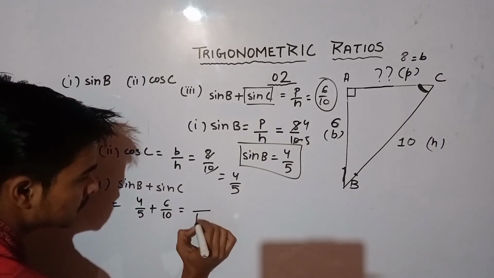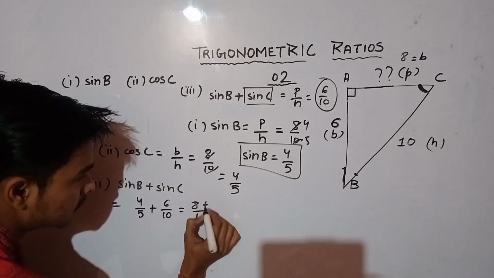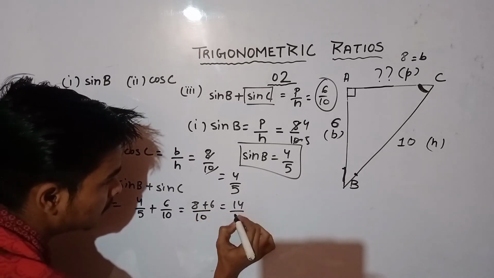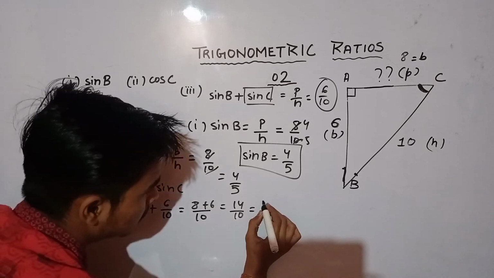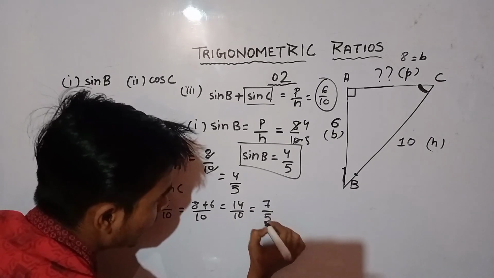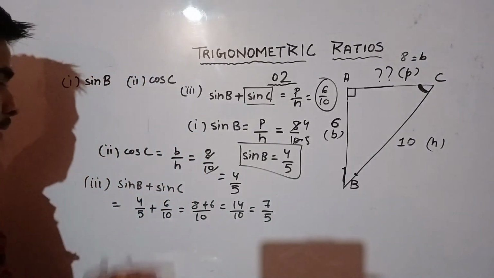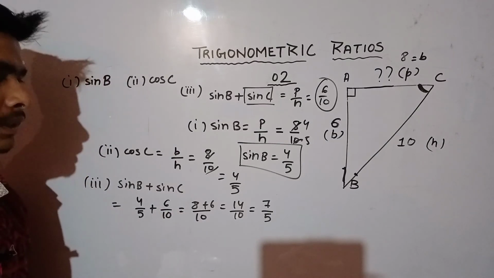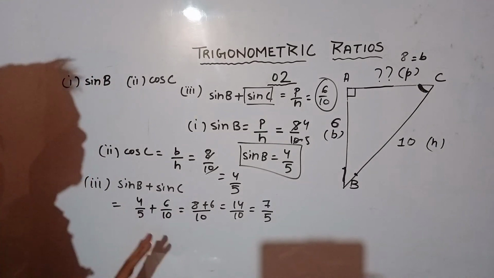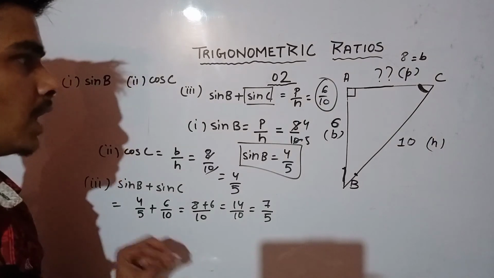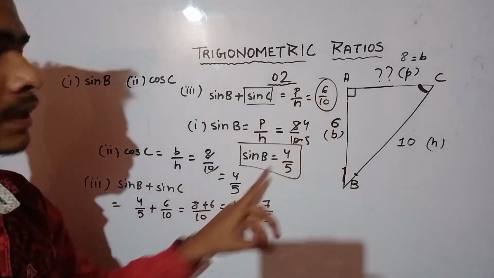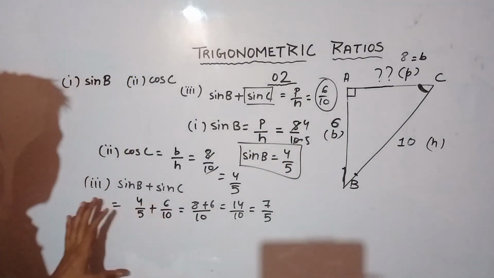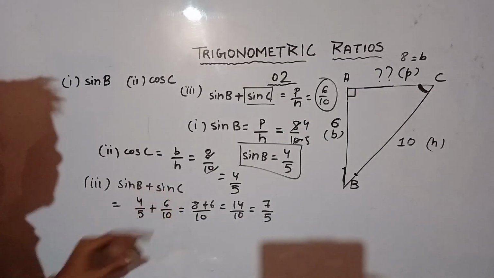Taking the LCM as 10, 4 times 2 is 8, plus 6 is 14, upon 10, or 7 upon 5. So this is the value of sine B plus sine C. Kindly note all these and remember what I have told you about how to determine the perpendicular and base. All that depends upon the angle.